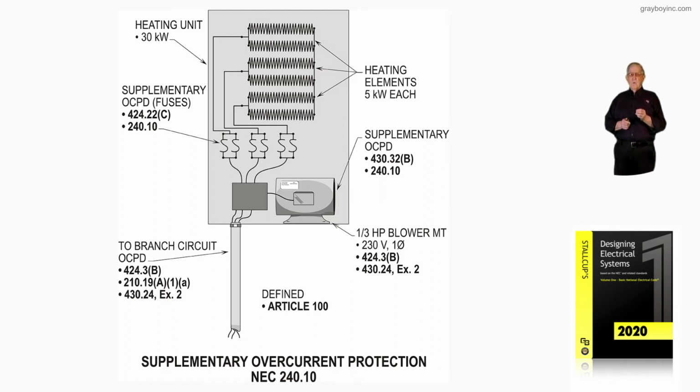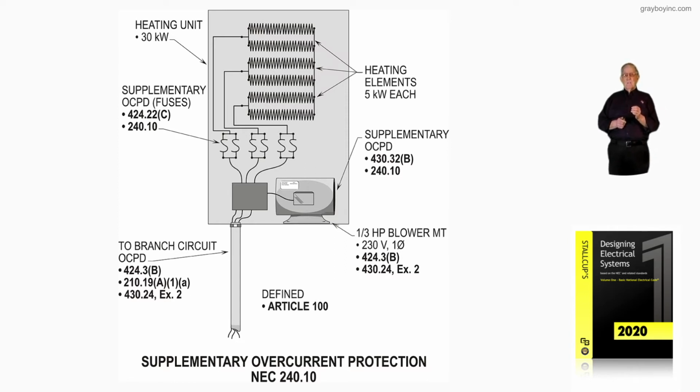Now notice 240.10, along with the definition in Article 100 of supplementary overcurrent protection, says those fuses that you see in the heating unit, along with the thermal protector that's at the motor, cannot be used as a branch circuit.